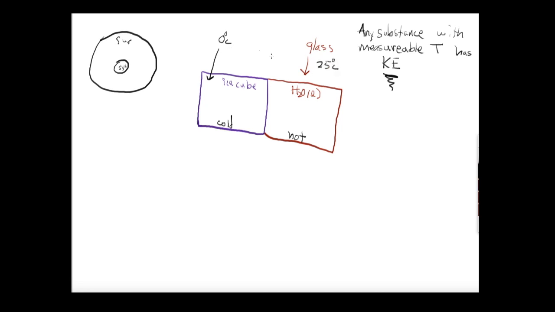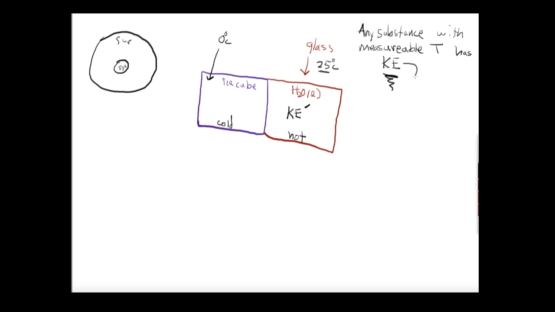Think about that for a minute. Which of these two things has got greater kinetic energy? So the liquid surrounding the ice cube, I'm going to call kinetic energy prime. The liquid surrounding the ice cube, because it's at 25 degrees centigrade and has a higher temperature, is going to have a certain amount of kinetic energy associated.